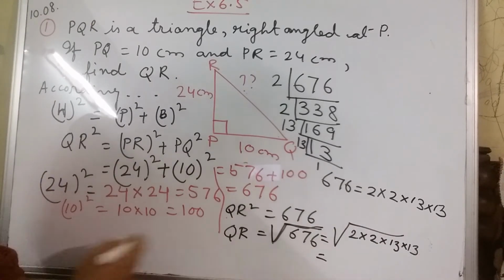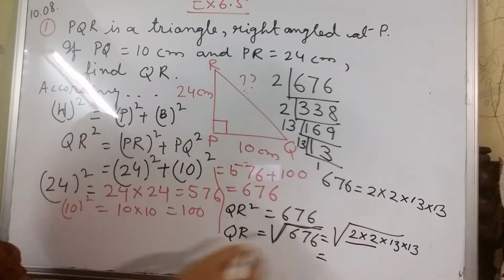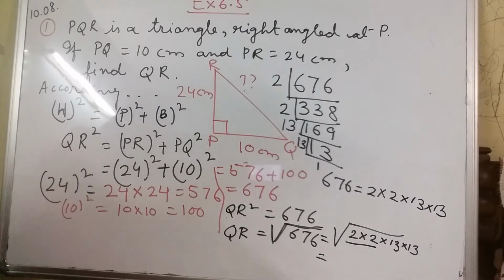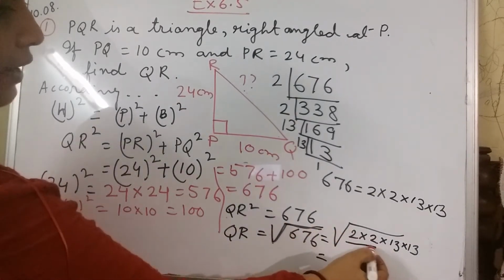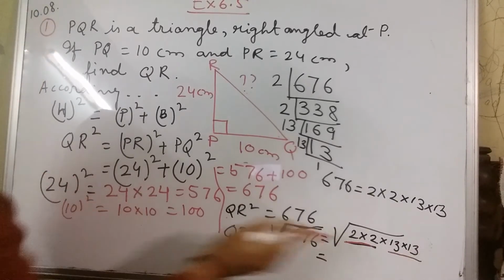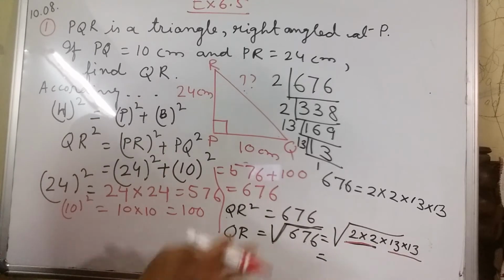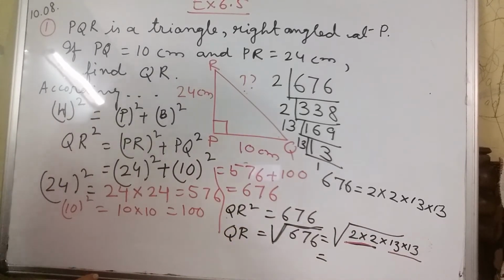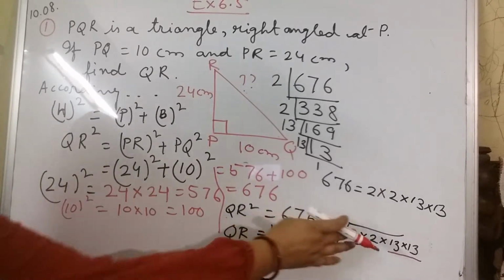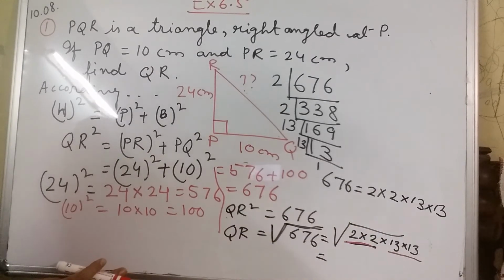Now if it is in pair, then only it can come out of this square root sign. It is in pair, means they are in 2 numbers. If and only if they are in pair, then only I can take them out of the square root.